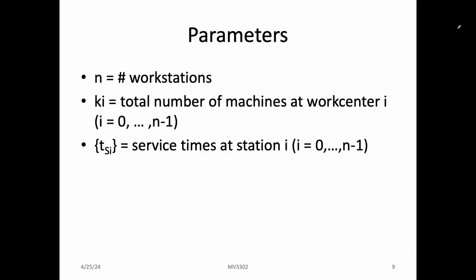Okay, so parameters, again, these are our usual suspects. We have the number of workstations. Just as I did before, you could either have that as an explicit parameter or leave it off, because the length of these arrays you can use for n. It's like you have to pick your poison.